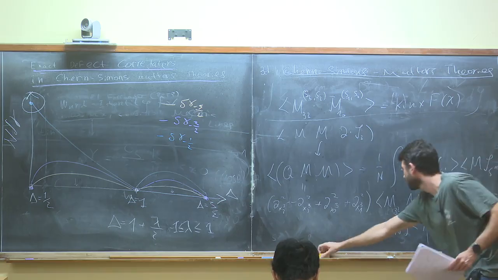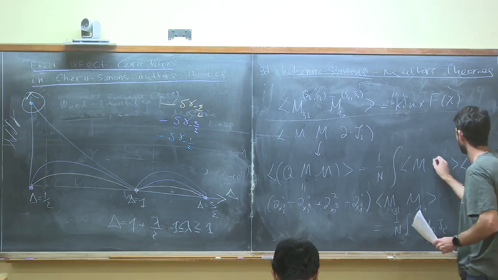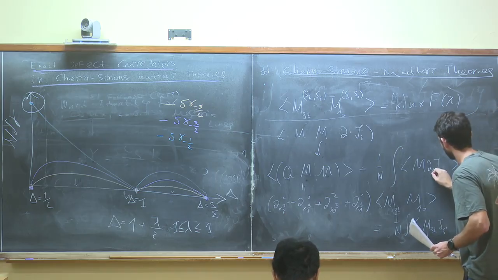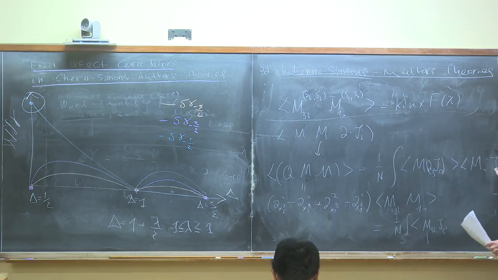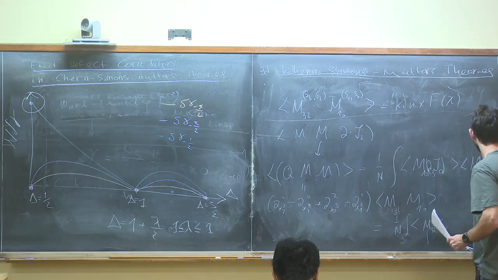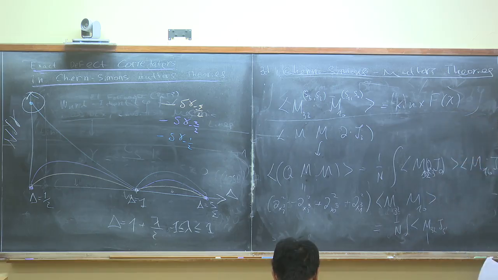More precisely, this is just J0 and this is just J1. There is some derivative here.